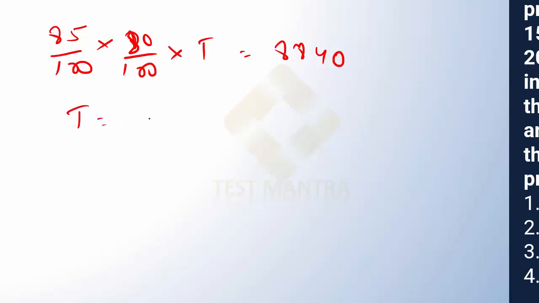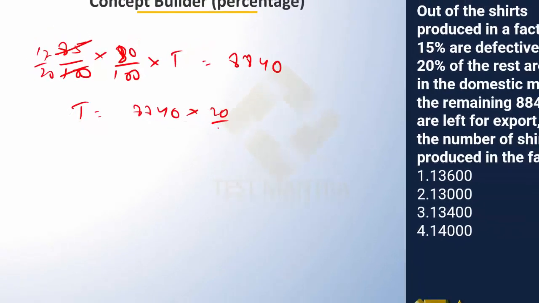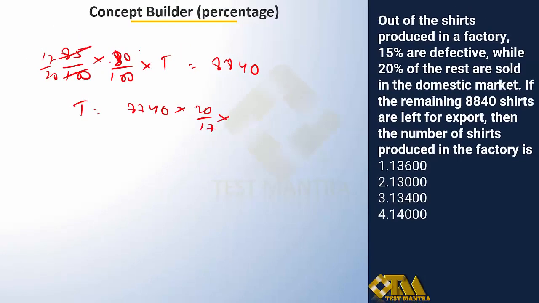The total is nothing but 8840 into, I'll minimize these values here. So 17 by 20, so that means 20 by 17 here, and this will be nothing but 4 by 5, so 5 by 4. Let's calculate this part. The value is supposed to be good 13,000, right? So it's 13,000 here, right?